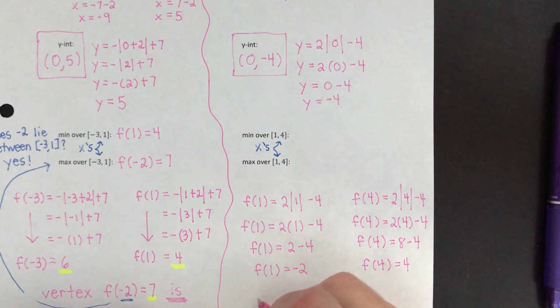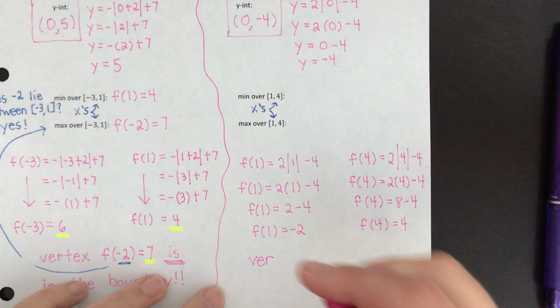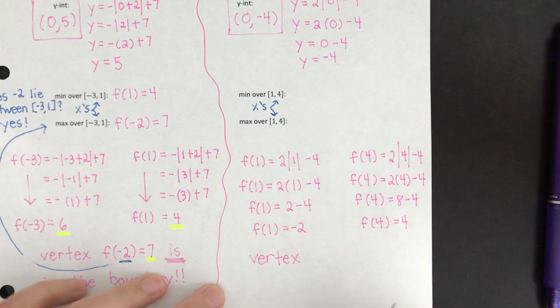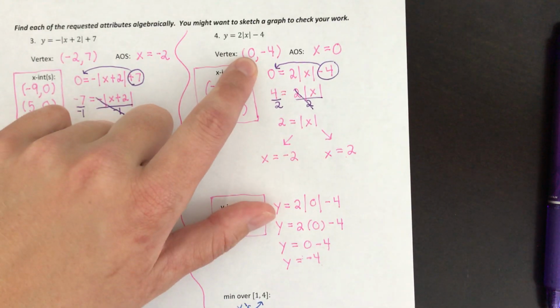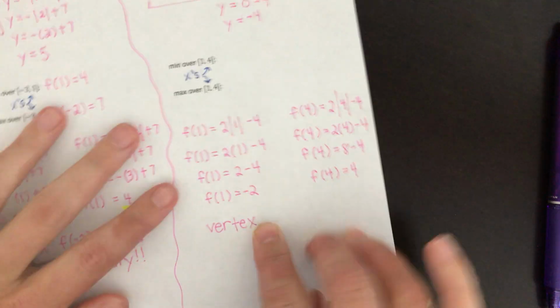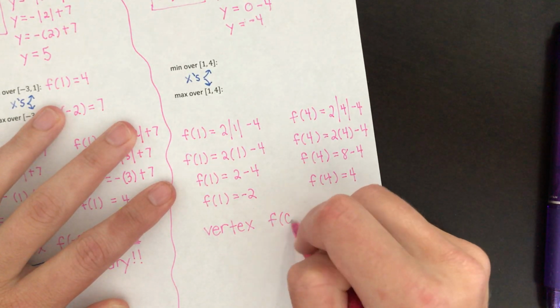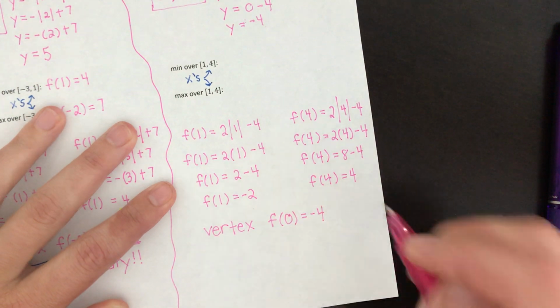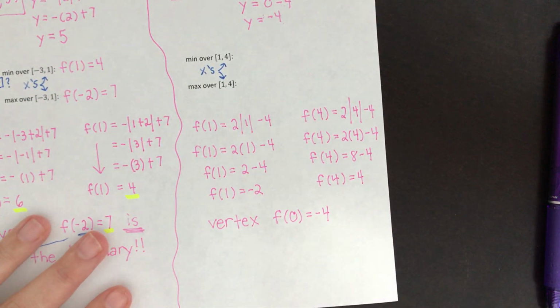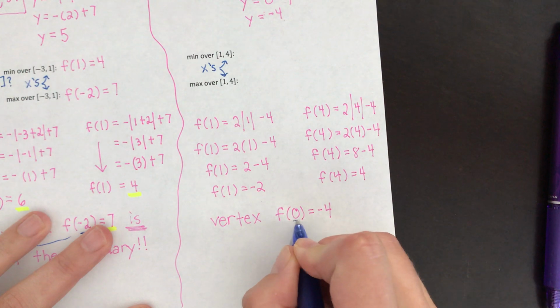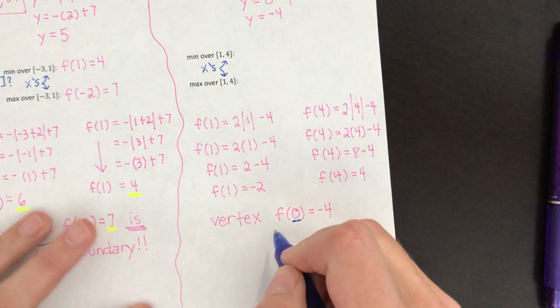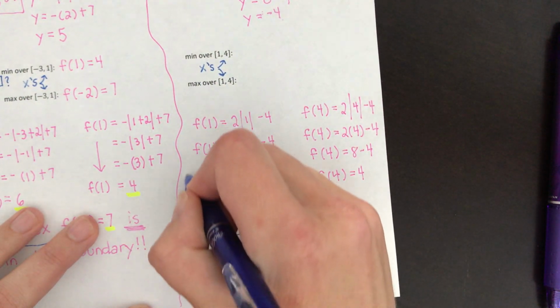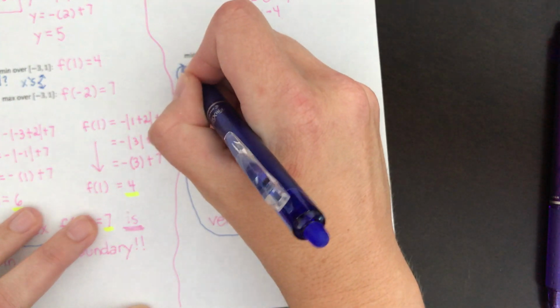So here's the important part. The vertex. Let me make sure you can see me. The vertex is what? The vertex is f of 0 equals negative 4. All right? So then remember, you're going to examine the x value of the vertex, because these guys over here are x's, right?